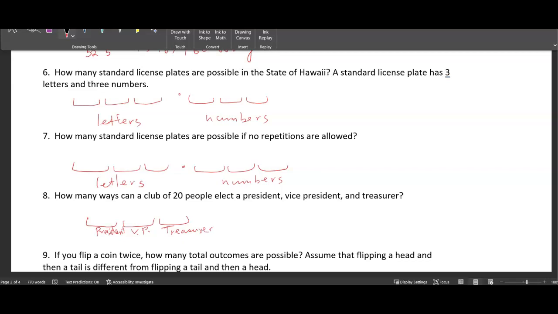Okay, and I hope that you have some writing in your number 6 to 8, so we have something to compare. On number 6, it's always important to identify how many tasks you have, right? It says how many standard license plates are possible in the state of Hawaii. The standard one, not the special order one, always has 3 letters in the front and 3 numbers, which we also call digits, in the back.